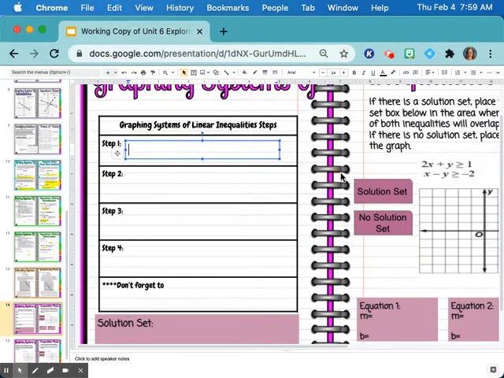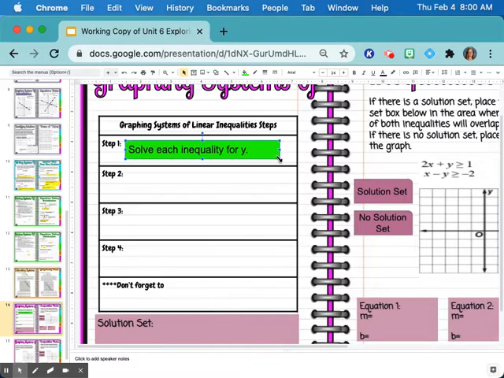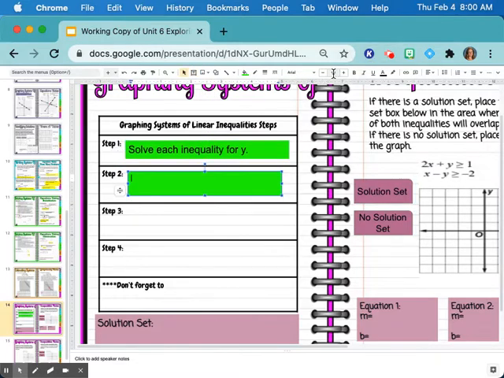Okay, so the steps are, number one, solve each inequality for y. Get it in the slope-intercept form. Step two is going to be graph the first inequality.